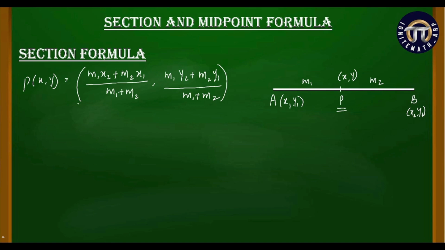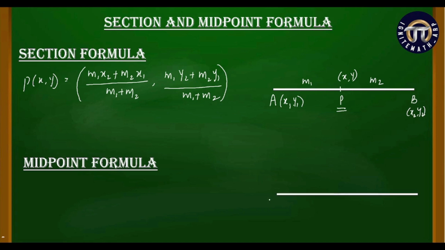Clear children? Right. So now we move on to the other formula, that is midpoint formula. Right. Here P is not a midpoint. P is dividing AB in a ratio m1 and m2. What if P is a midpoint? Okay. So I'll just take the same points over here, x1 comma y1, and here B is x2 comma y2.